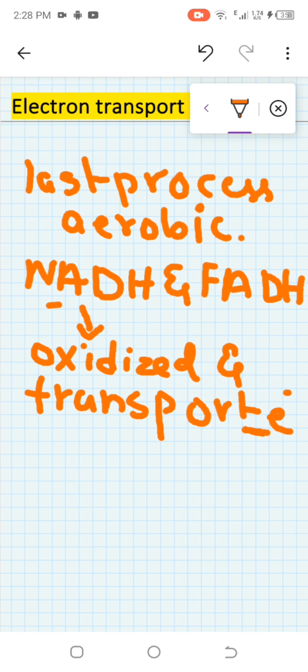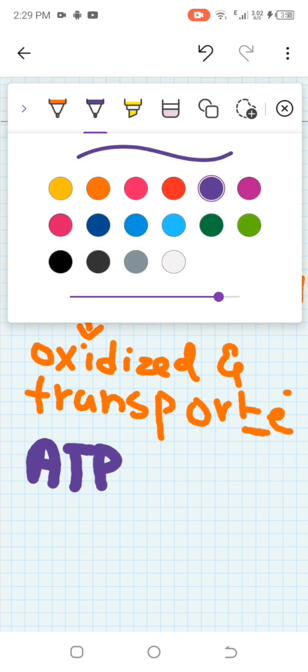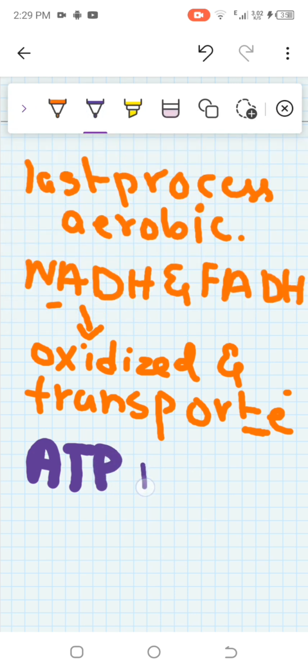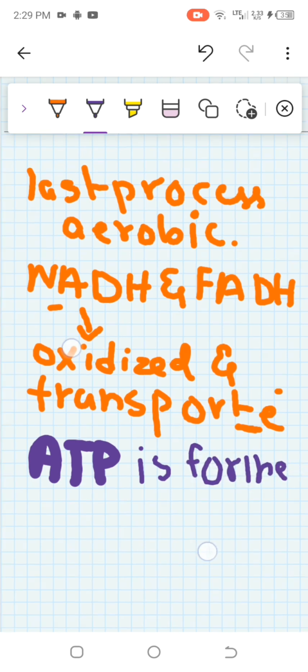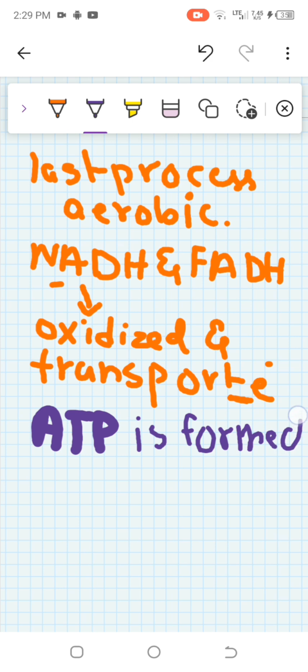In this way, ATP is formed by using the energy of oxidation. So this electron transport chain is also known as oxidative phosphorylation.